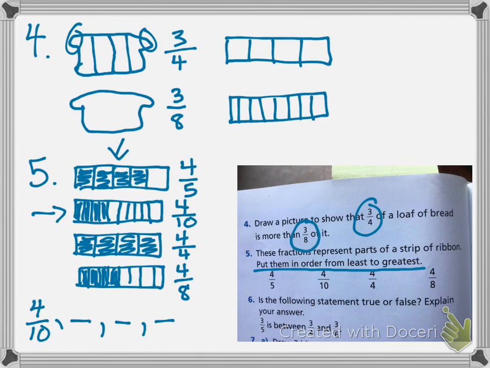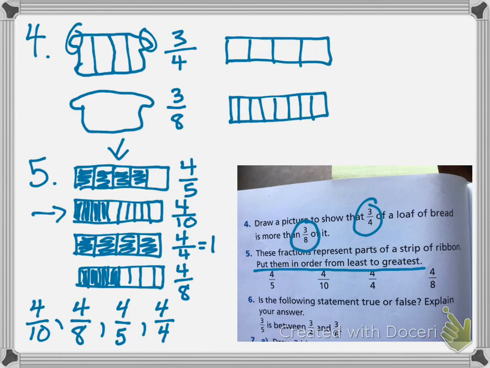Okay, if you did this properly, you should have next 4/8, then 4/5, then lastly 4/4, which we learned last time equals 1 whole item. So if you have all the parts out of the parts that are listed, that is complete 1 whole item. So that's going to be the biggest.